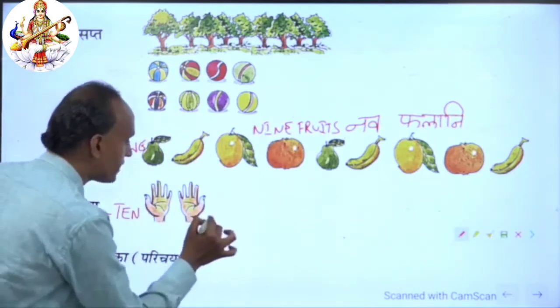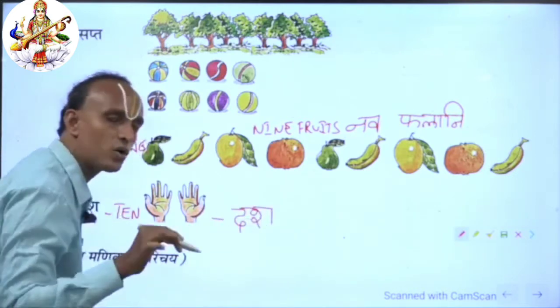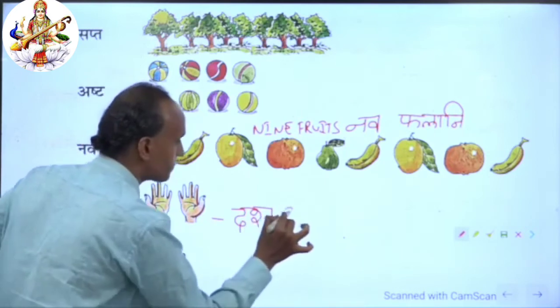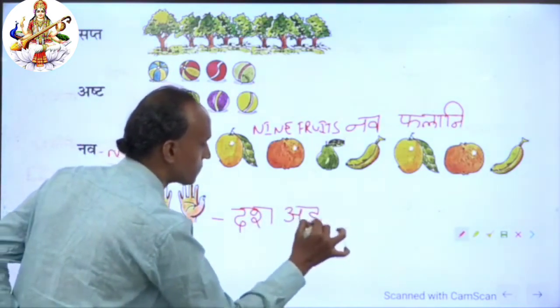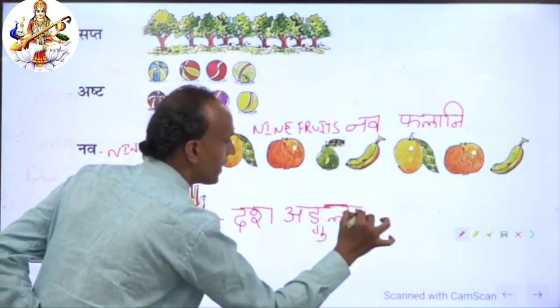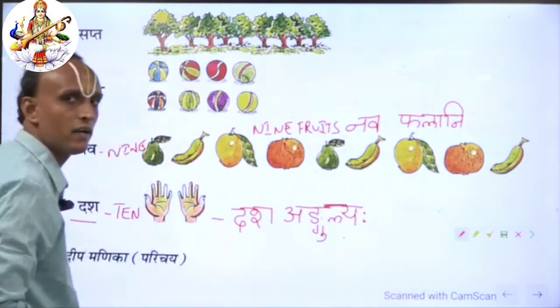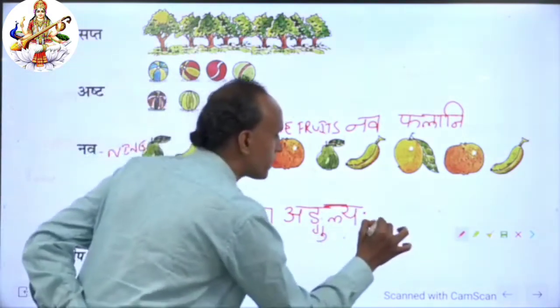So, Dasha Angulyaha. Dasha Angulyaha means what? 10 fingers.